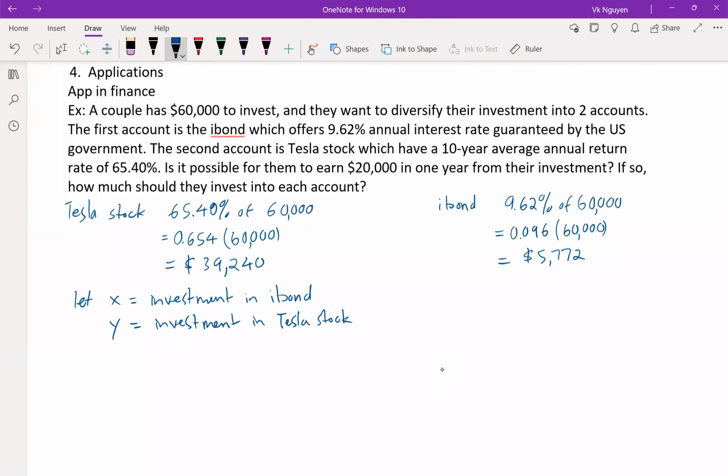Well, we know that the total investment is X plus Y. That is 60,000. And then we also know the total return that they want to get.